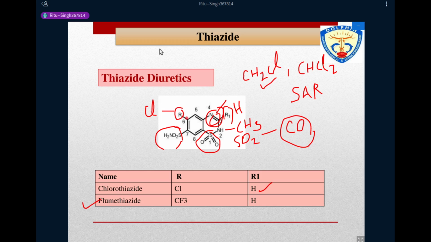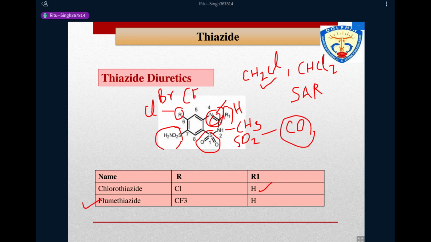And at the sixth position, the next important SAR point is substitution at the sixth position by Cl, Br, or CF3.